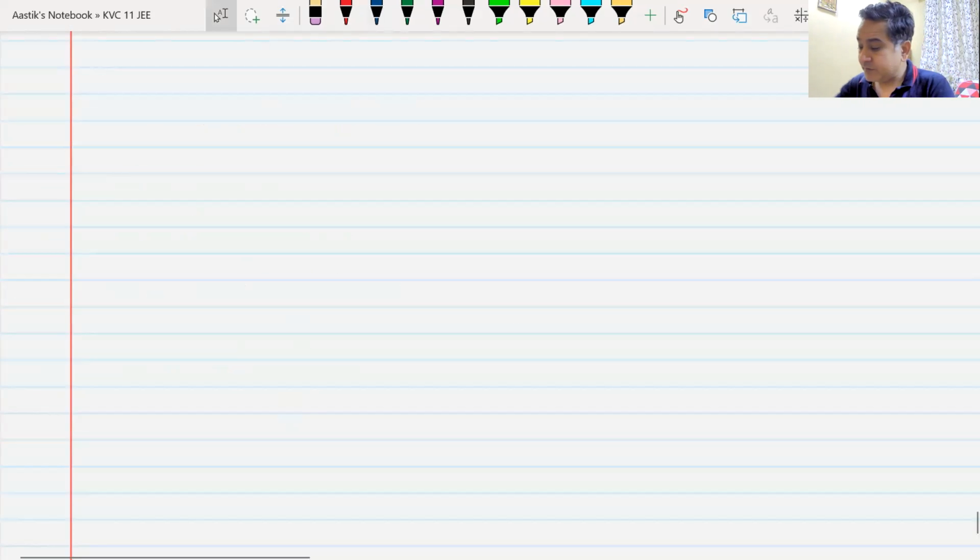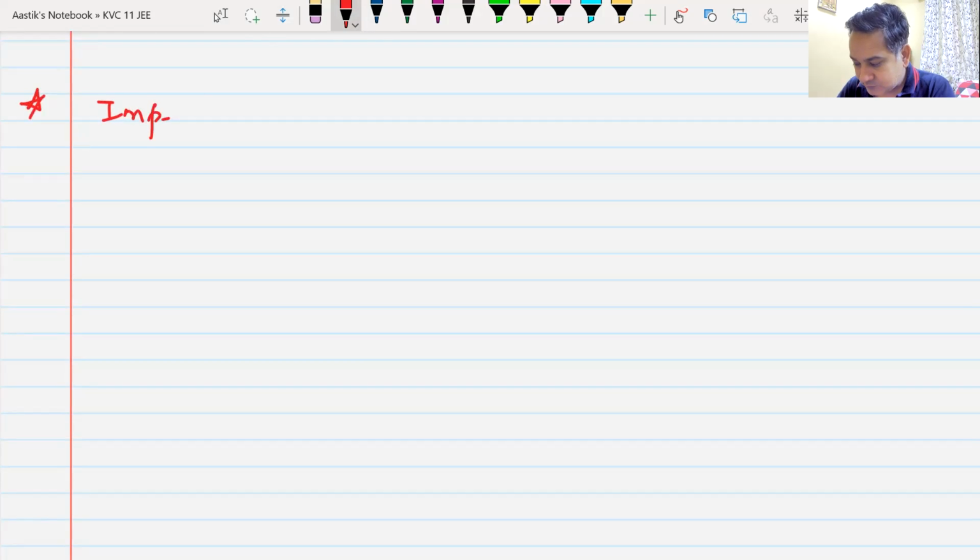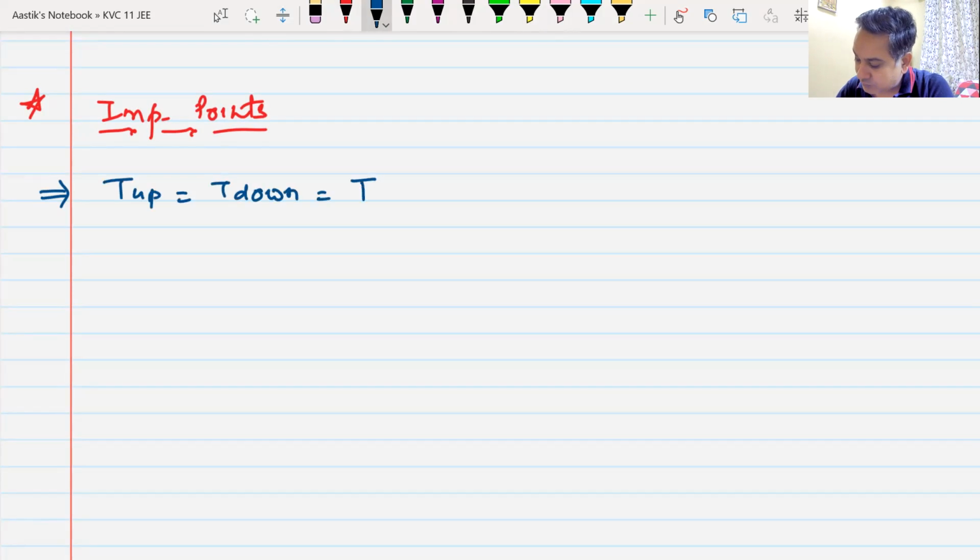Then we can write some important points. So please note down these important points. Important point number 1. Time taken to go up, time taken to come down is always equal to total time divided by 2, which is equal to uy by g.